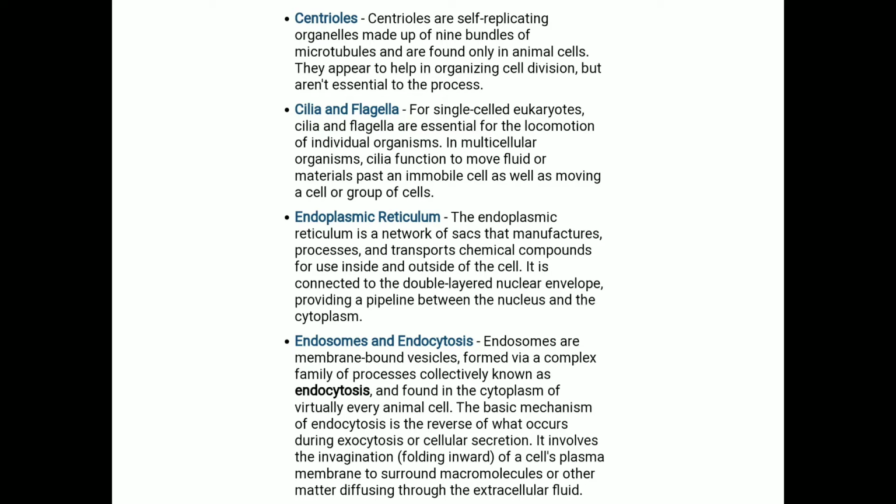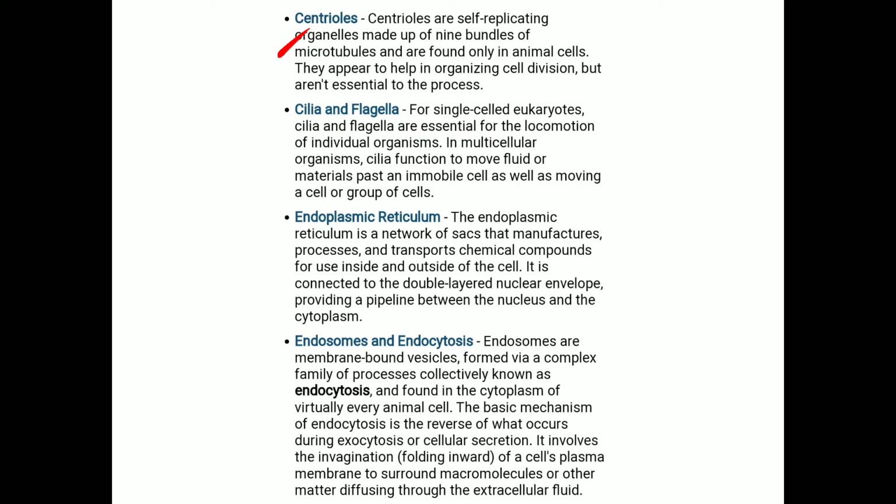Then we have to know about the different kinds of cell organelles present in the animal cell. But what is the role of these cell organelles? First see centrioles. Centrioles are self-replicating organelles made of 9 bundles of microtubules and are found only in animal cells.